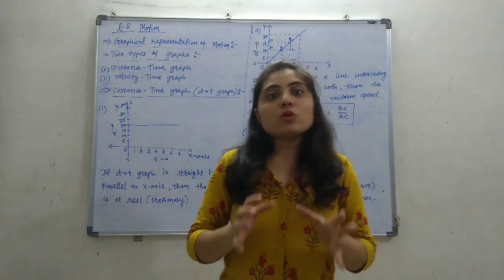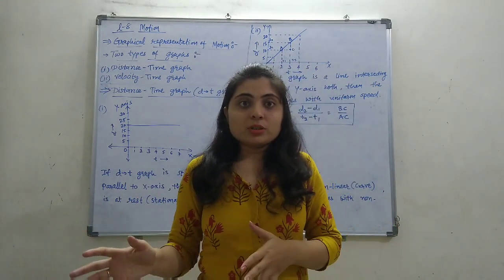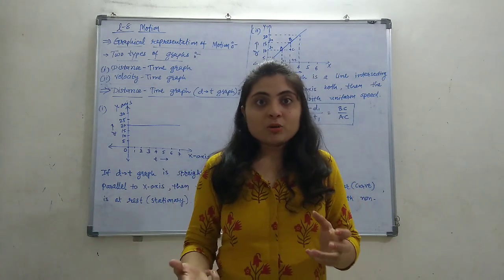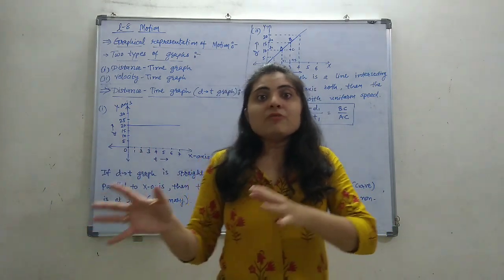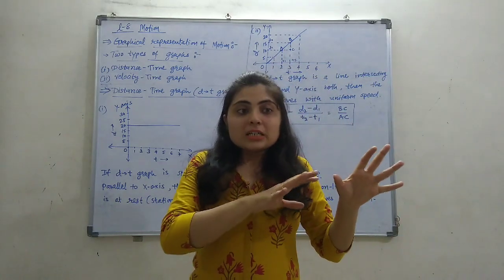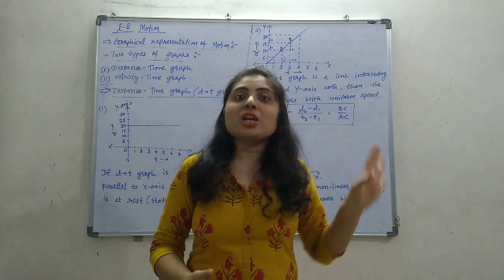But now if we want to represent the motion in graphical form, because we know that a graph always gives more information. Without going into much detailed data, if the data is represented in a graph, we can simply get the idea about the motion from the shape of the graph.